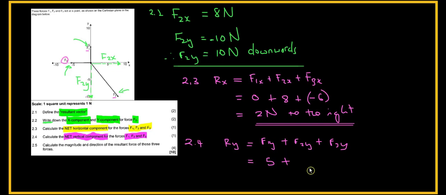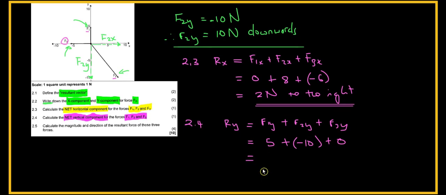I've seen F2y is here, which is negative 10. It's pointing downwards. Plus F3y, F3 doesn't have any y component, it's just horizontal, so I'll put a 0 here. So my total for the y components is equal to negative 5 newtons, which is equal to 5 newtons downwards. There we go.